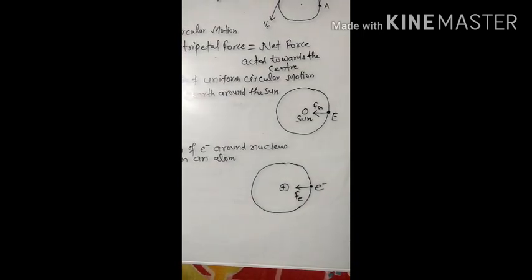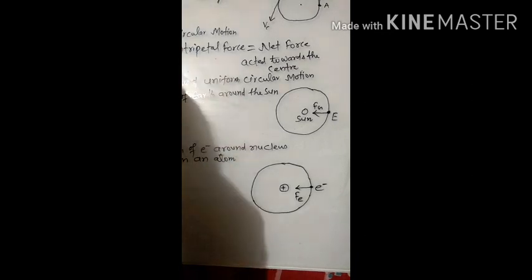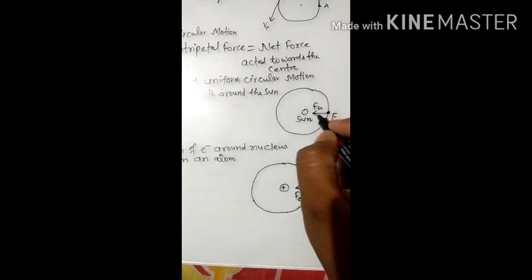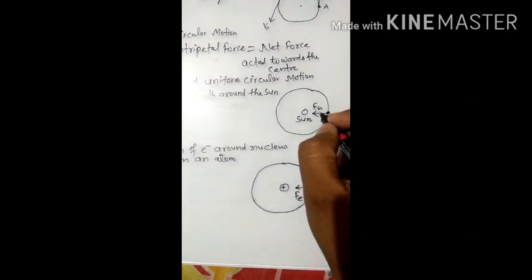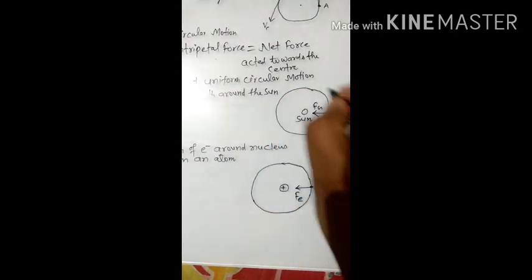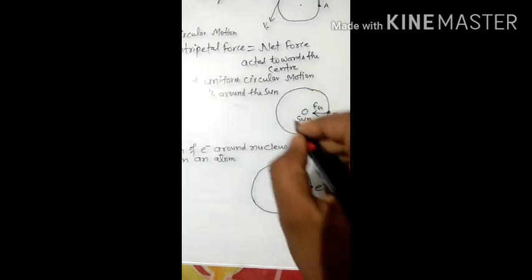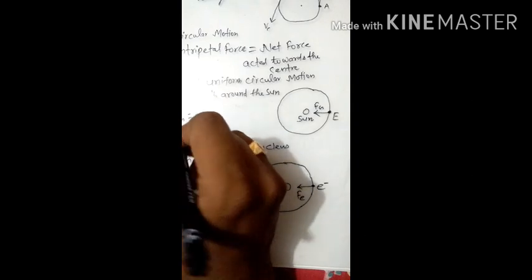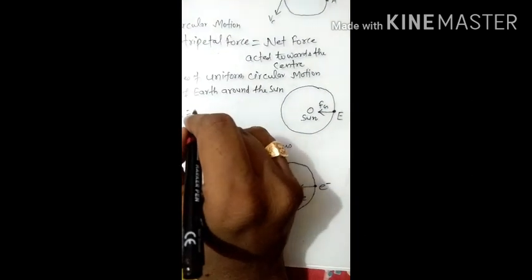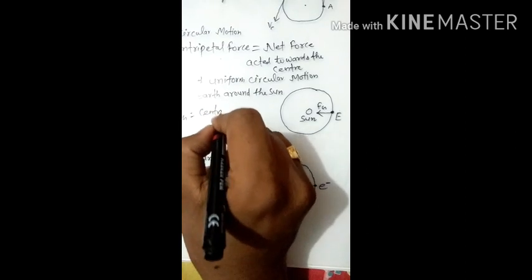Between Sun and Earth there is always a gravitational force acting between these two bodies. The Sun attracts Earth towards itself with the gravitational force, represented here as Fg, due to which it follows a circular path around the Sun. Here Fg, the gravitational force, is the required centripetal force.